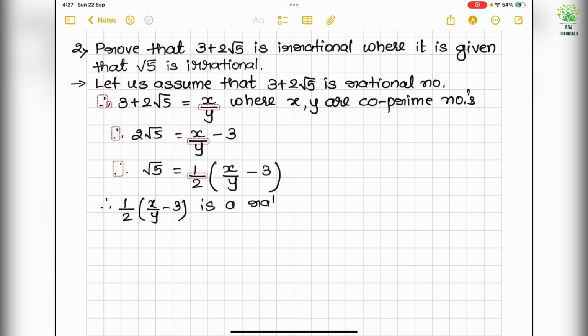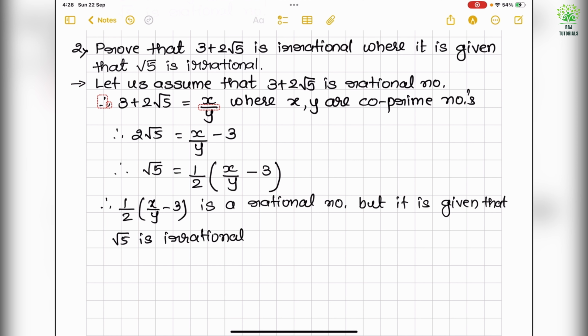Therefore 1 upon 2 into x upon y minus 3 is a rational number, but it is given that root 5 is an irrational number. Therefore 3 plus 2 root 5 is irrational.